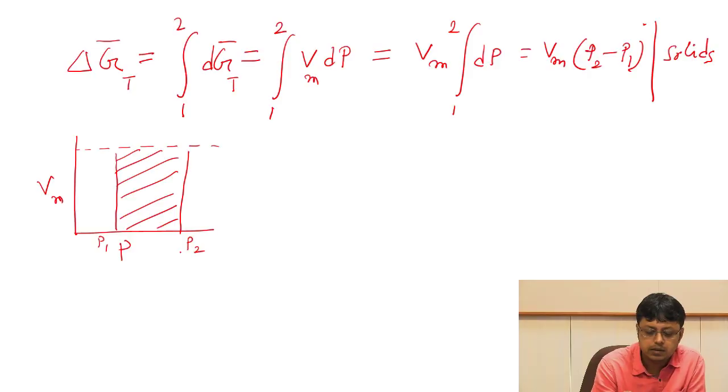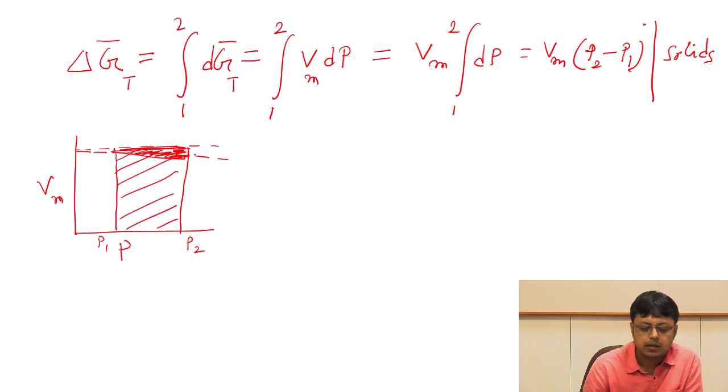However, in reality, if you apply more and more pressure, the molar volume will actually decrease, and there will be some error introduced in this, because we are basically including this area which we should not have included.